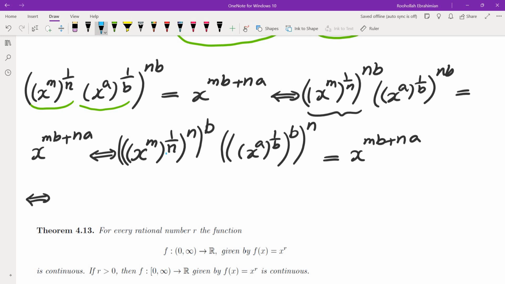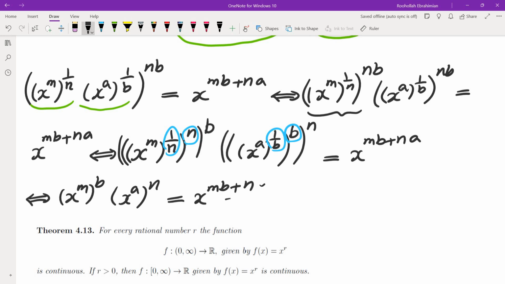Now these two are inverses of each other, so this becomes x to the power of m to the power of b, and 1 over b and b are also inverses of each other. These are inverse functions, so x to the power of a to the power of n is what we get.